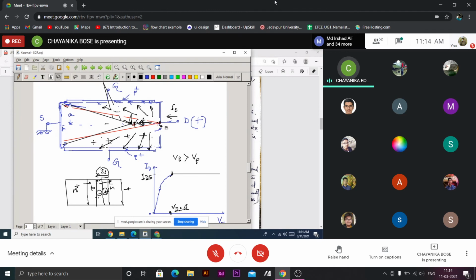So if we consider the resultant direction, the vector sum, the resultant field direction will be like this. This is the resultant direction. So the carriers through drift, once they reach the pinch-off point, will experience this field and will be swept to the dense side and will give rise to current.